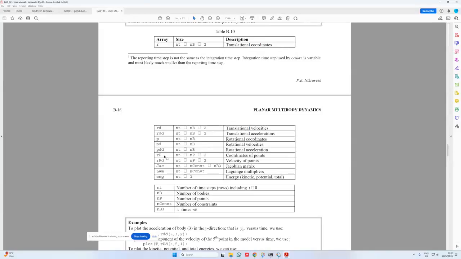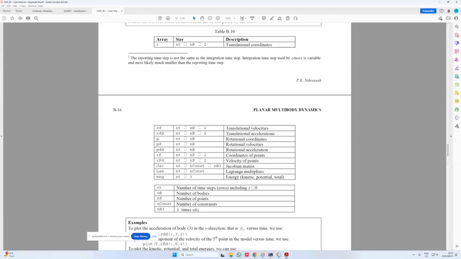And then if I'm interested in the actual coordinates or the velocities of specific points, then I can use RP or RPD. So this is the number of time steps by the number of points by 2, once again for the x and y coordinates and velocities. It also generates the Jacobian matrix, so the number of time steps by the number of constraints that I specify by NB3.